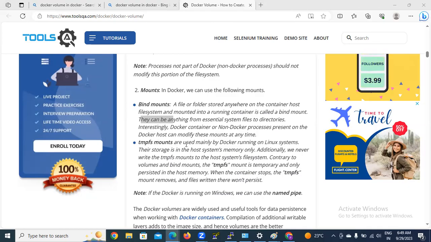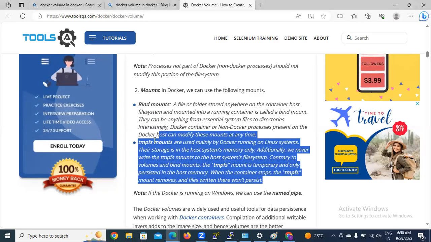A tmpfs mount is used mainly by Docker running on a Linux system. Its storage is in the host system's memory only, and we never write the tmpfs mount to the host system's file system.